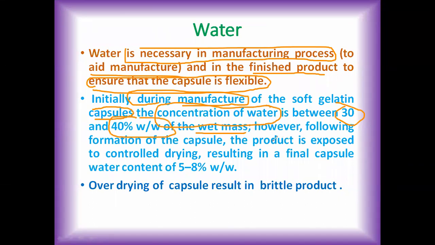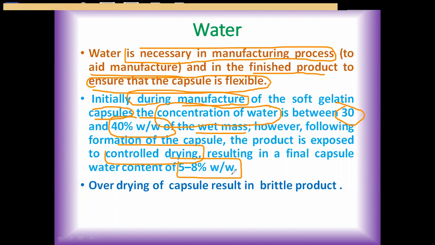However, following formation of the capsules, the product is exposed to controlled drying, resulting in a final capsule water content of 5 to 8% weight by weight. So here you can see initially the concentration of water is 30 to 40% weight by weight of the wet mass, and later after controlled drying, the water content is 5 to 8% weight by weight.